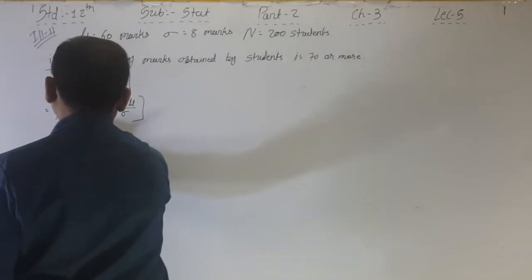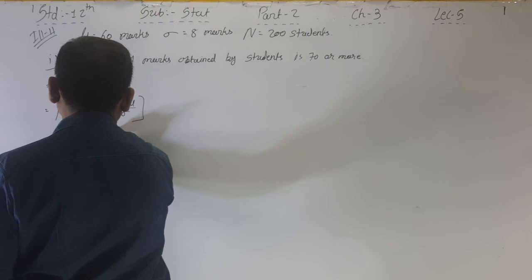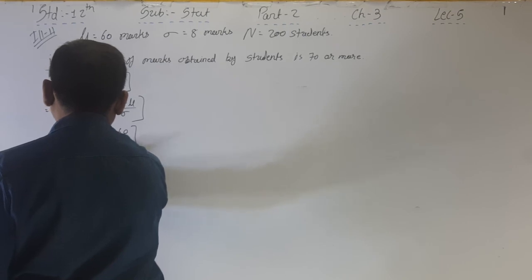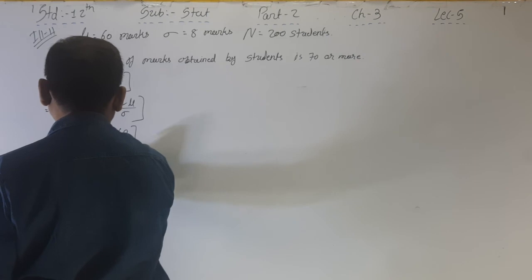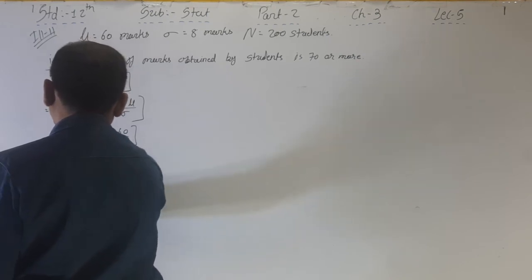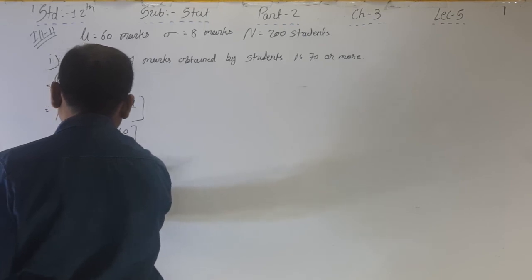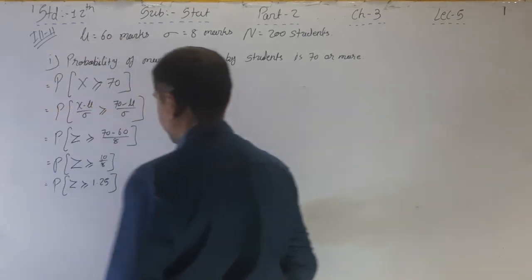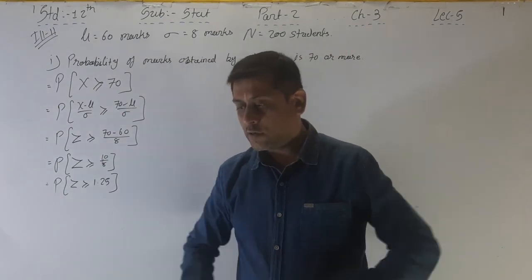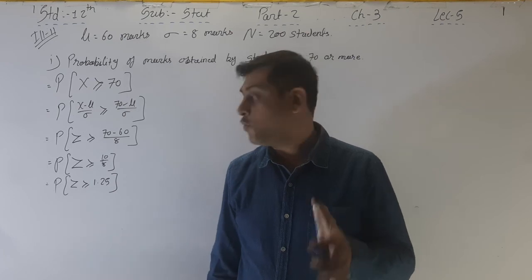That is P of Z greater than or equal to 70 minus 60 upon sigma is equal to 8. So here P of Z greater than or equal to 10 divided by 8. So is equal to P of Z greater than or equal to 1.25. The value is more than 1.25.